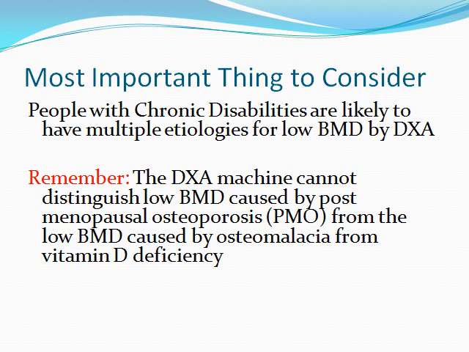And it's important to remember that the DEXA machine cannot distinguish the low bone mineral density caused by post-menopausal osteoporosis from the low bone mineral density which is caused by osteomalacia from vitamin D deficiency.